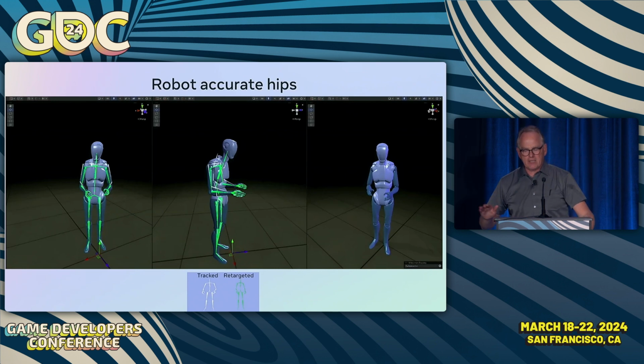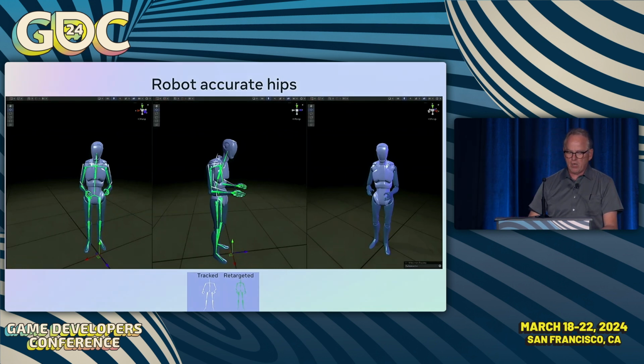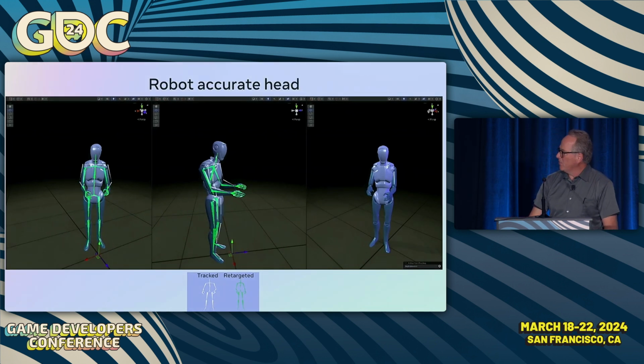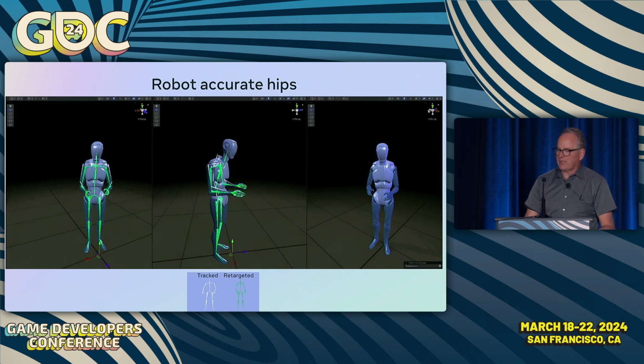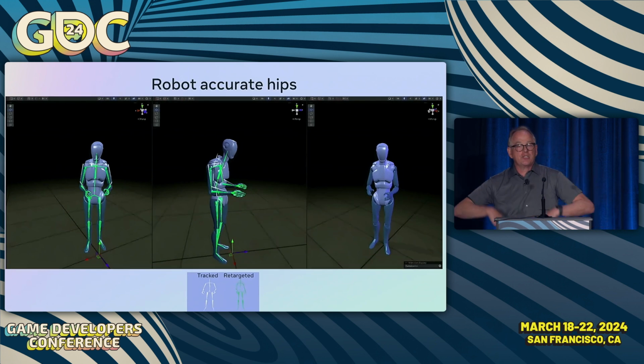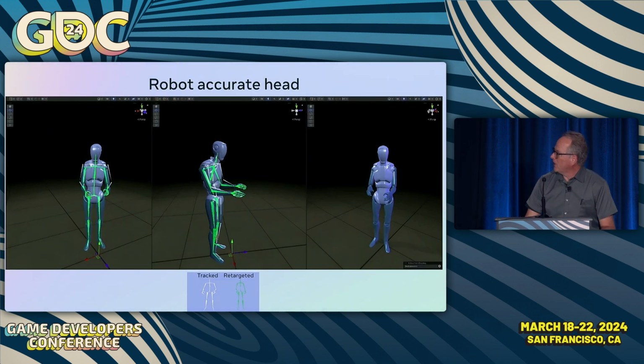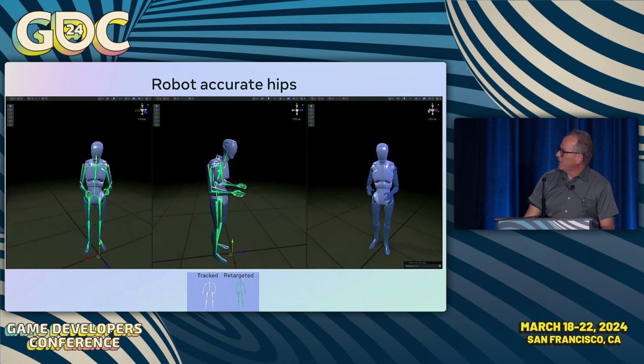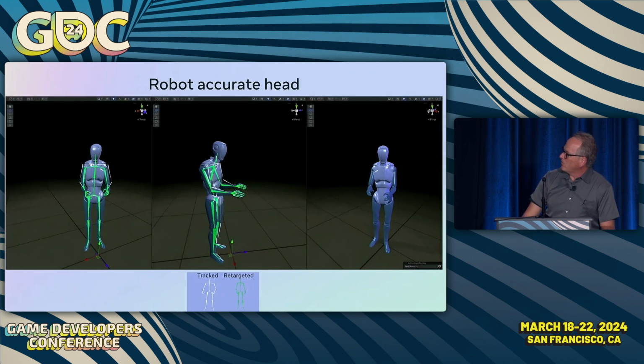The reason is that the tracked hips are significantly in front of the retargeted hips in that mesh. So when I move to hips and it aligns those, it aligns not just the height of the hip, but also the position. It drags that whole skeleton forward, and it looks like it's actually moved forward, but in reality, it's just aligning those white lines from tracking to those green lines from the retargeting.